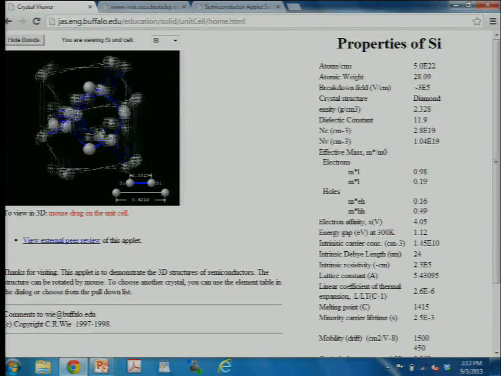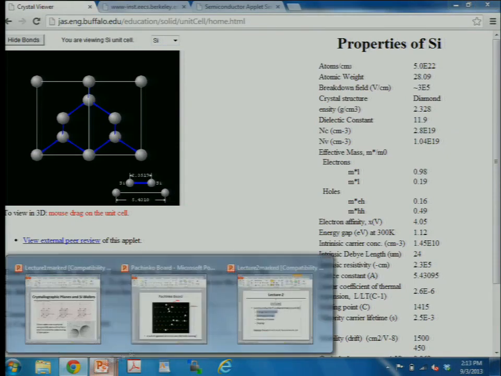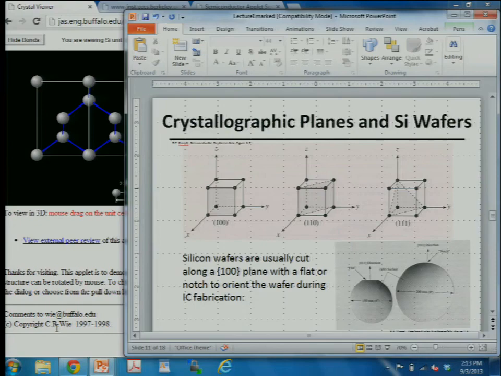And this view here is the same view as this view here; they're all within the family of 110 planes, and so on. Unfortunately, this website was down last week, but it's up now. Let's see other points of clarification from last time.